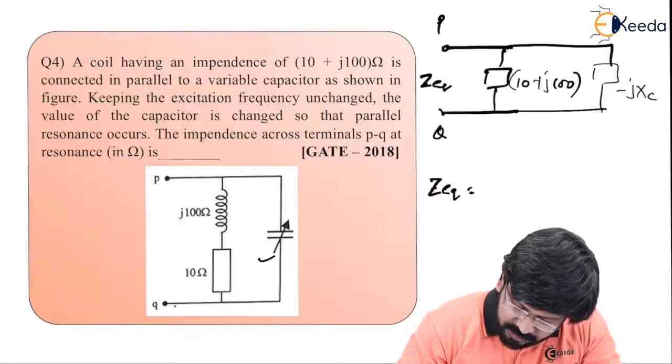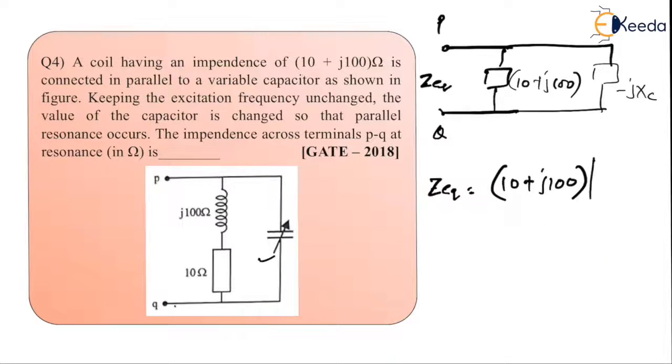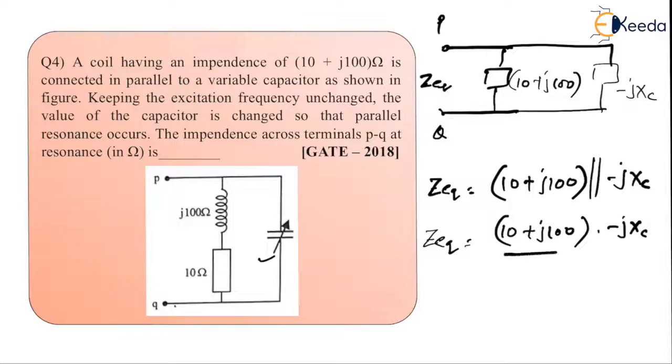So Z equivalent is simply 10 plus J100 in parallel with minus JXC. When Z1 is parallel with Z2, it is always Z1 Z2 upon Z1 plus Z2 as a Z equivalent. So I can rewrite this as 10 plus J100 into minus JXC whole divided by 10 plus J100 minus JXC. So this is how we actually get Z equivalent.